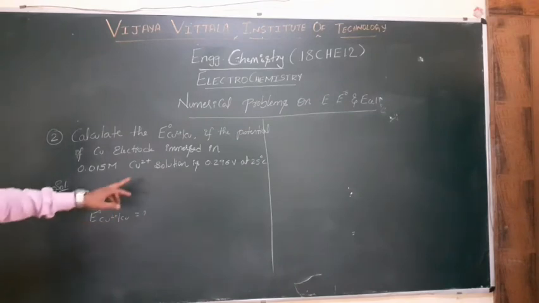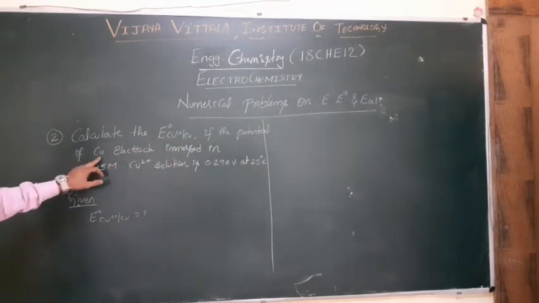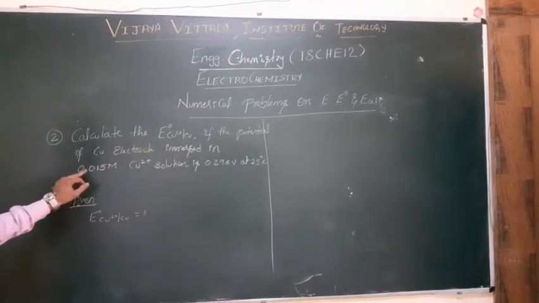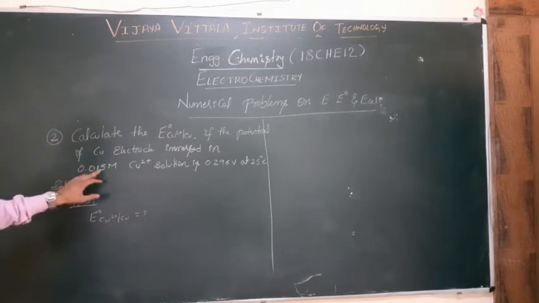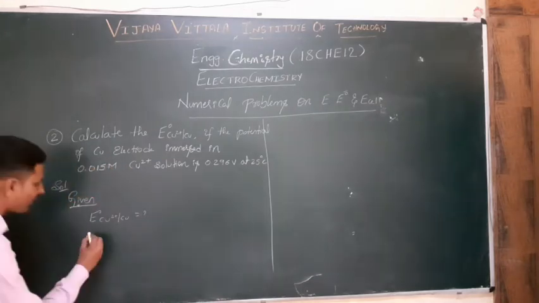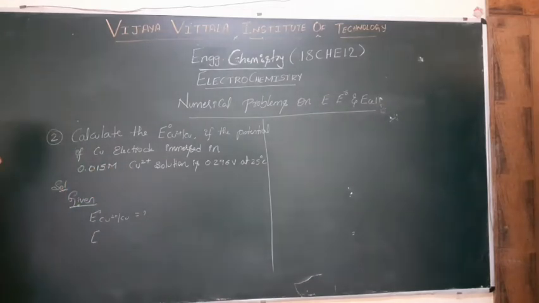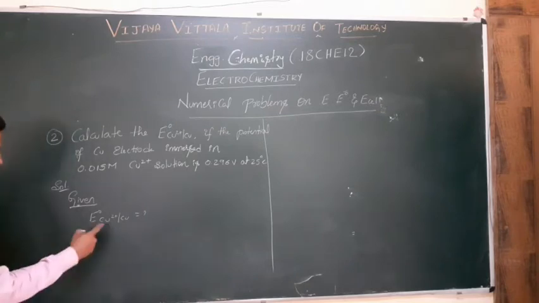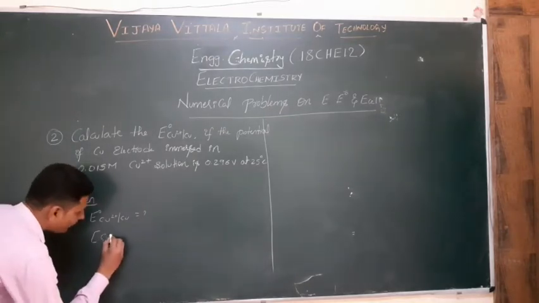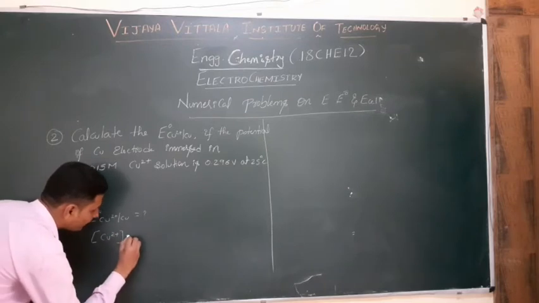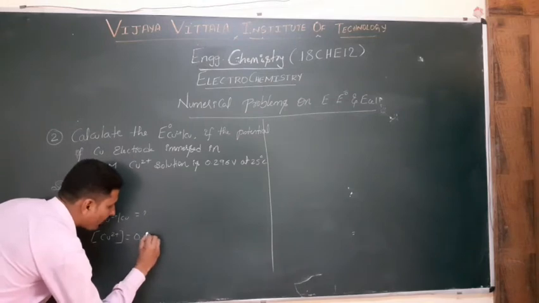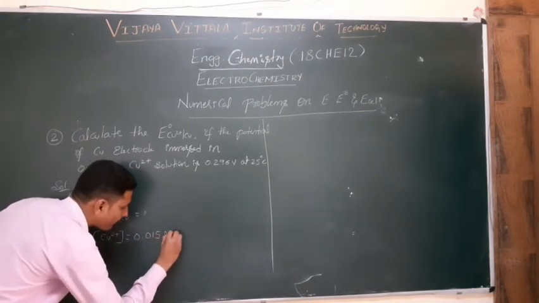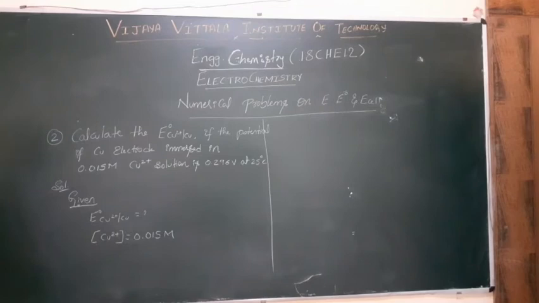If the potential of the copper electrode is immersed in 0.015 molar copper 2 plus solution, that is the concentration of copper 2 plus they have given. How do we denote the molar concentration? In a square bracket. The molar concentration of copper 2 plus ions is equal to 0.015 molar.